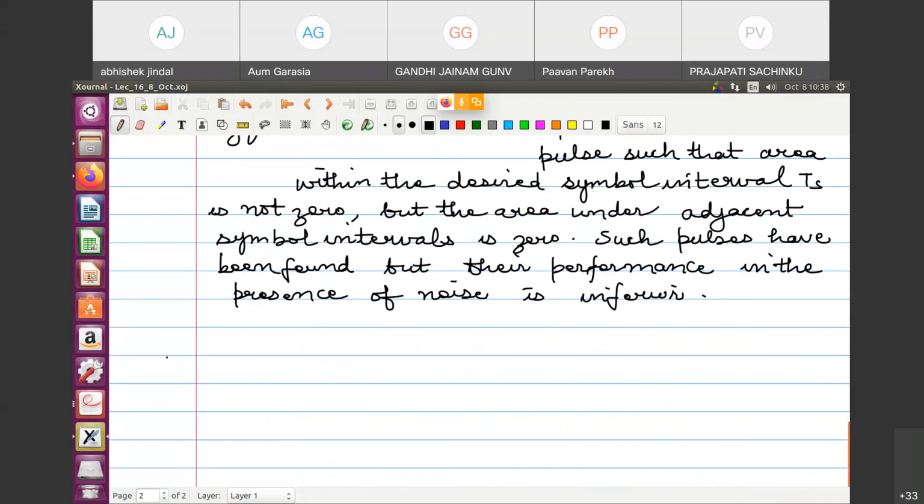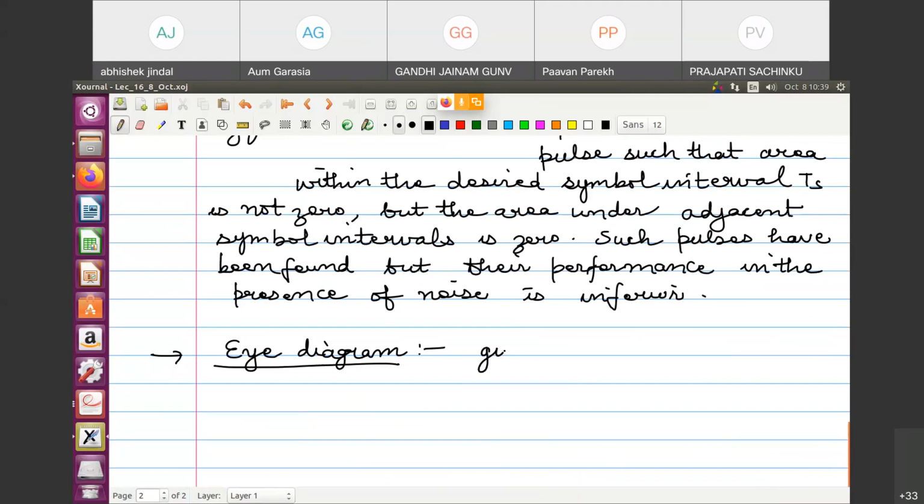Now we will shift to another very important tool, that is the eye diagram. Okay. So we are done with the Nyquist criteria, and now we shift to the eye diagram. Now this is very important as well, because again the question is, what is an eye diagram? How will you study if the system is affected by ISI or not? So this eye diagram gives you an answer.